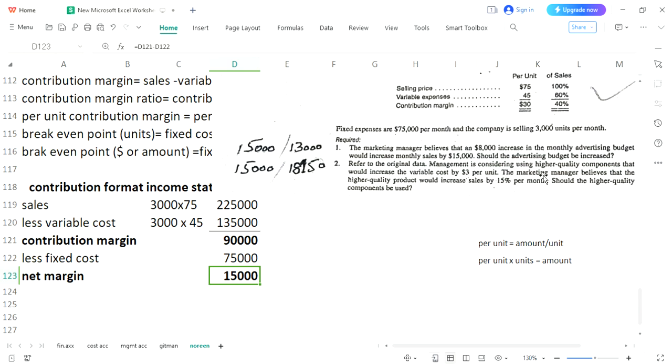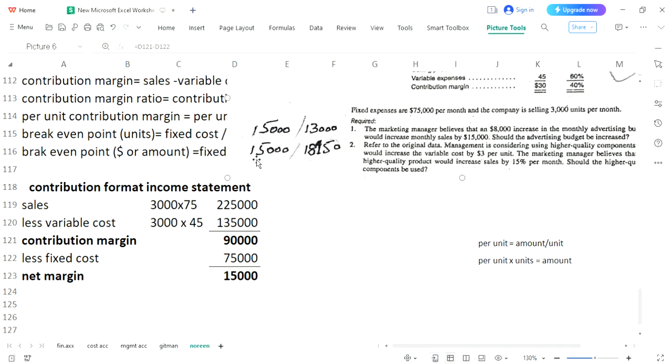It means he's asking you this question: if by an increase in advertising of 8,000, sale is increasing by 15,000, should we accept it? Obviously, the majority of you will say yes, we should accept it. But we will apply it upon this statement and decide accordingly.